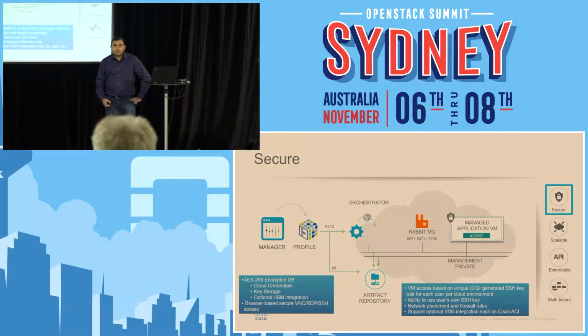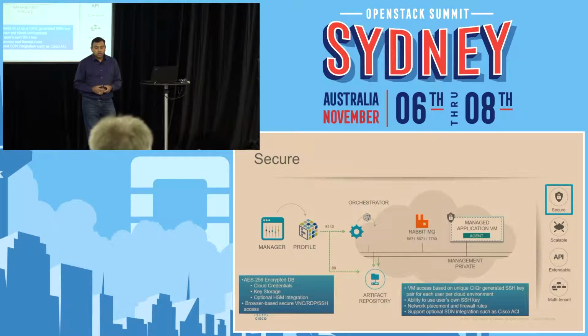So security, essentially, what you see here is on the left-hand side, you can have a profile manager, and that profile actually consists of a cloud profile, right? And that cloud profile is basically having your credentials of how do you log into the cloud, what's my account, how many virtual machines do I have, how much bandwidth or throughput do I have in the public cloud.